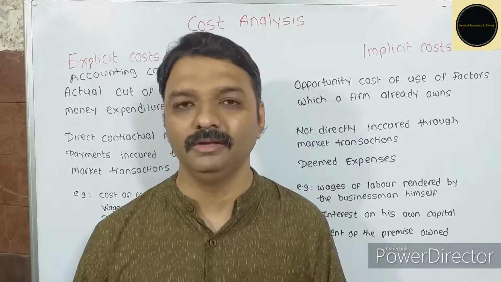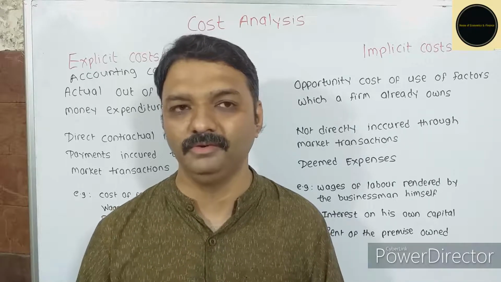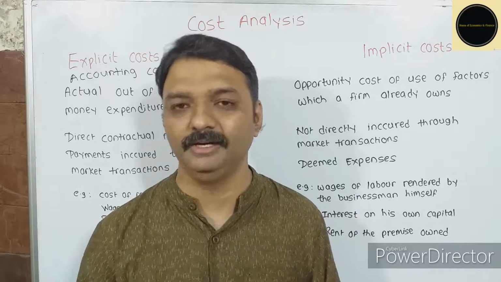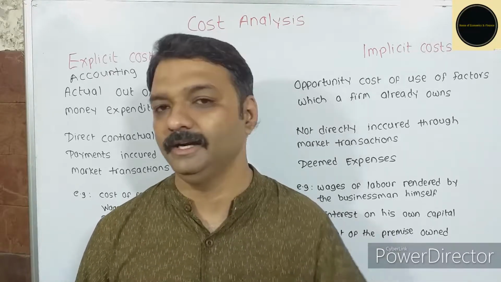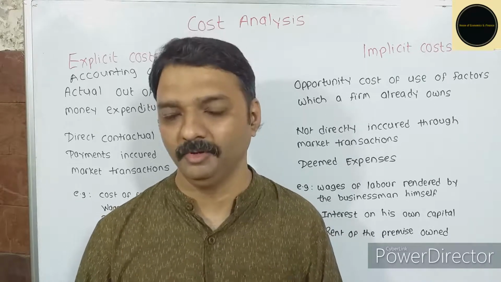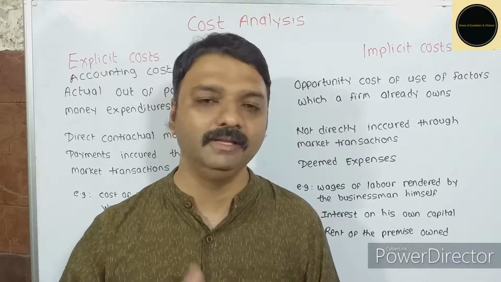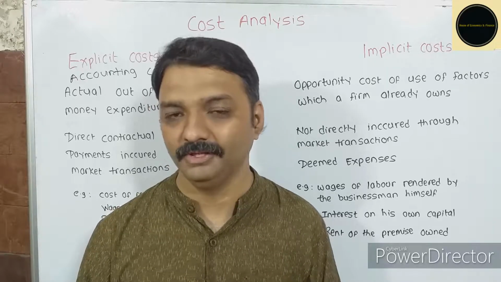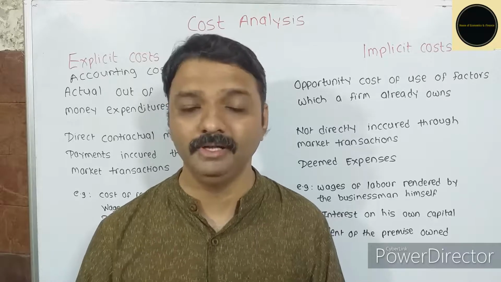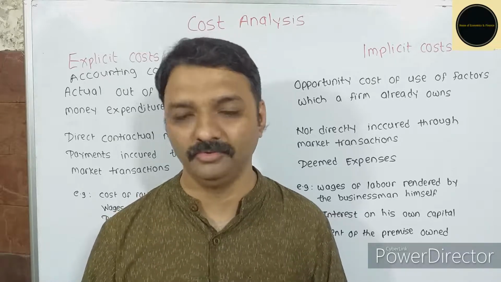Suppose the factory premise is on rent, so he needs to pay the rent. But let us say if he owns the factory premise, is he paying the rent to himself? No. What about the capital which he has supplied in the process of production?